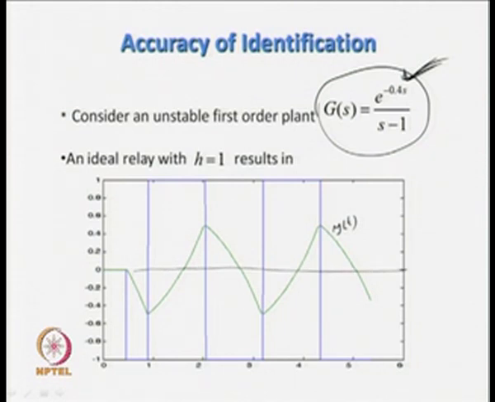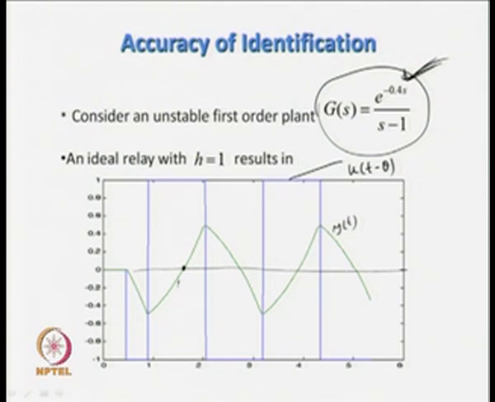What are the blue lines? This is nothing but the delayed input to the system. So, the blue rectangular lines are nothing but the plot of u(t minus theta).